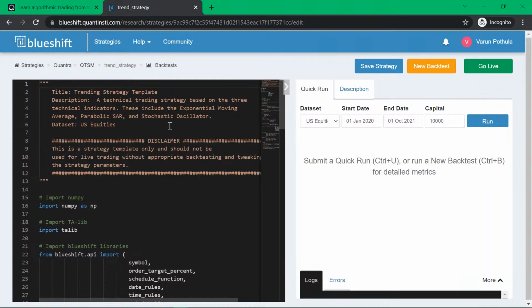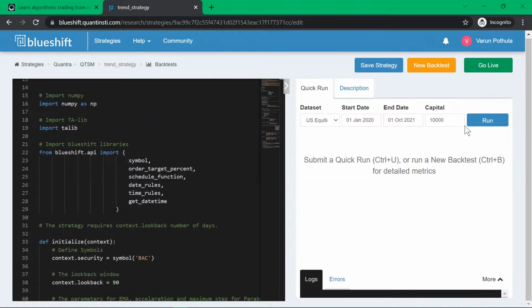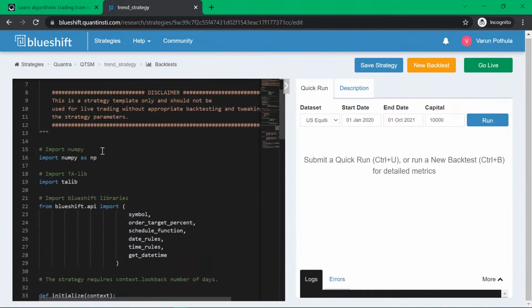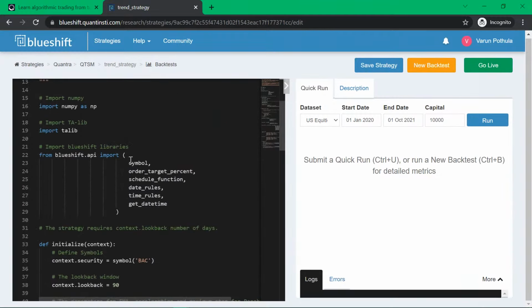As you can see, on the left side we have the coding panel, and on the right side we have a backtesting plotting interface. So I'm going to explain what this exactly is. This is Pythonic, similar to the code we have done in the previous notebook.